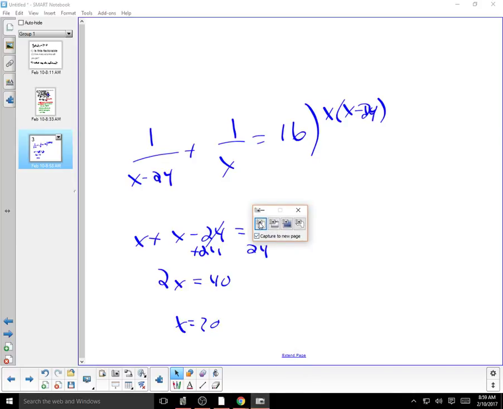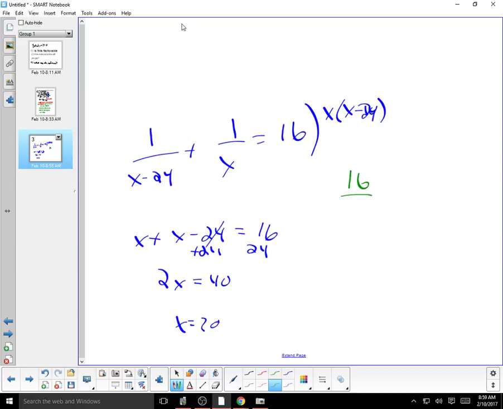So where's my setup wrong? It's 16 over x minus 24 plus 16 over x. So they're saying it's 16 over x minus 24 plus 16 over x.